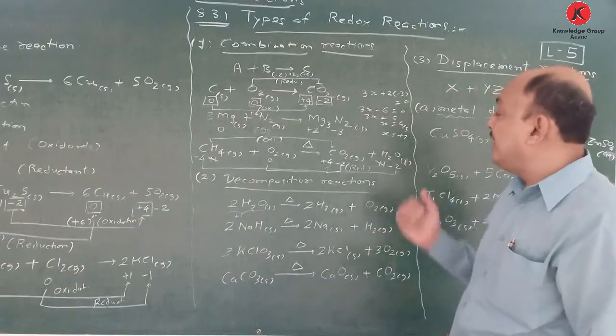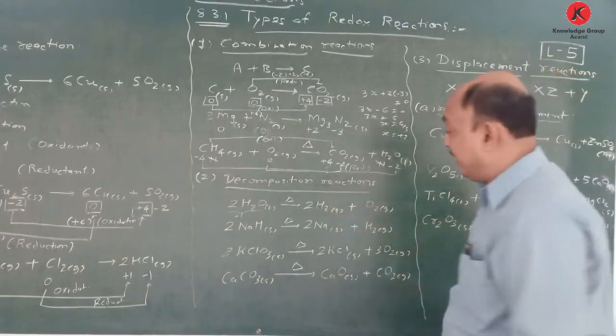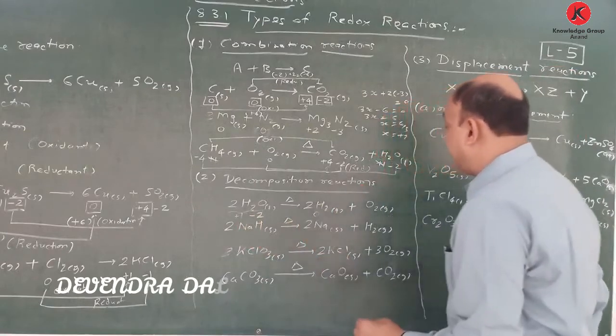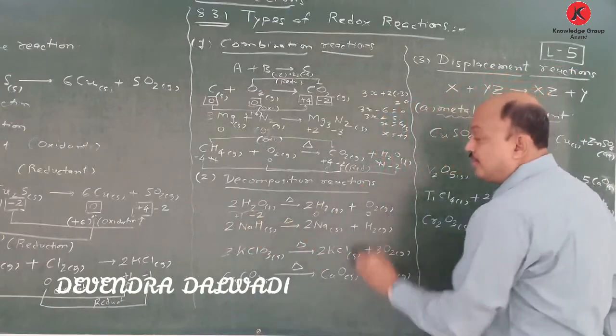Combination reaction and decomposition reaction are very important. Oxygen is minus 2, hydrogen is plus 1, H2 gas is 0, and O2 is also 0.